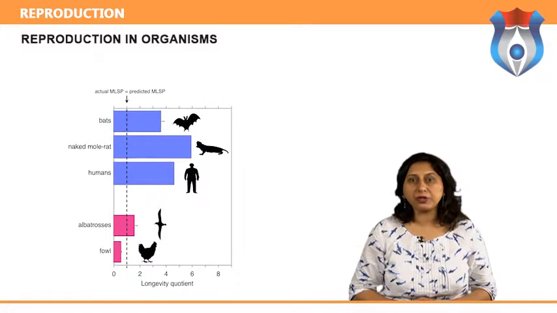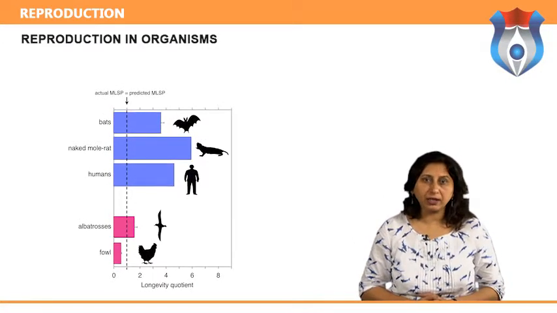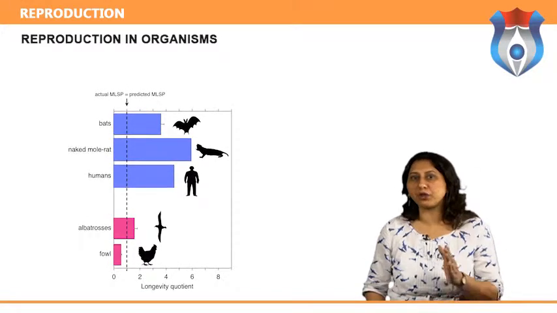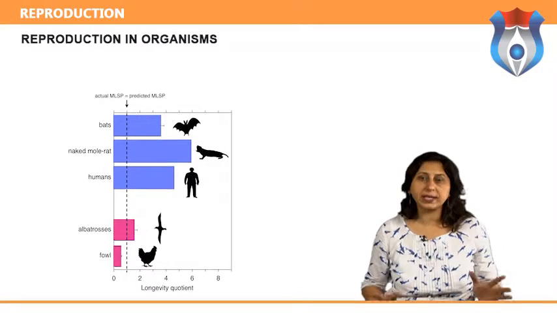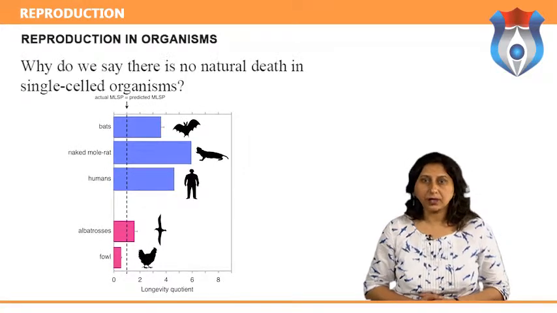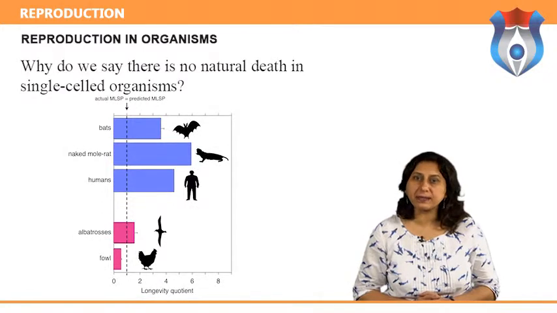Similarly, a mango tree has a much shorter lifespan as compared to a peepal tree. Whatever be the lifespan, death of every individual organism is a certainty. That is, no individual is immortal except single-celled organisms. Why do we say there is no natural death in single-celled organisms?